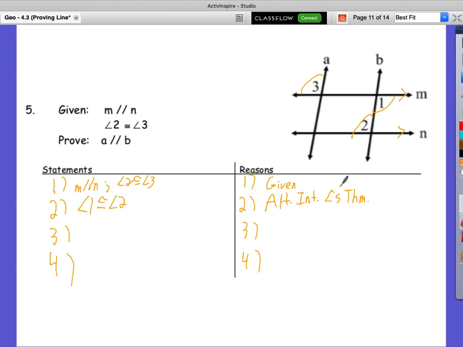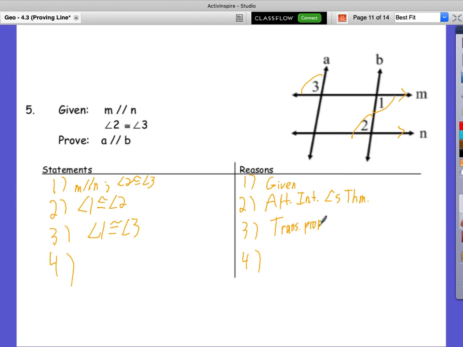Okay, so now, if we know angle 1 and 2 are congruent, and 2 and 3 are congruent, what else do we know? Melissa? 1 and 3 are congruent. And if we label our picture, I think it makes it a little easier to see that. So angle 1 is congruent to angle 3. Now we can't know that because of angle relationships yet, because we don't know that A and B are parallel. But how could we know that? Transitive property. We can use our transitive property.